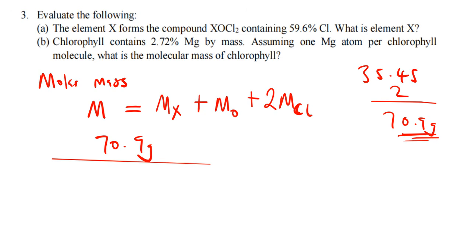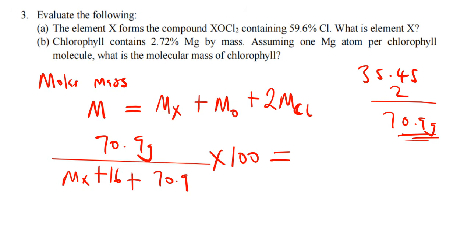I'm going to write Mx plus 16 for oxygen plus the 70.9 grams for the chlorine itself, multiplied by 100%. When we multiply by 100%, it's going to give us the percentage of chlorine they've given us. So now it becomes an equation.